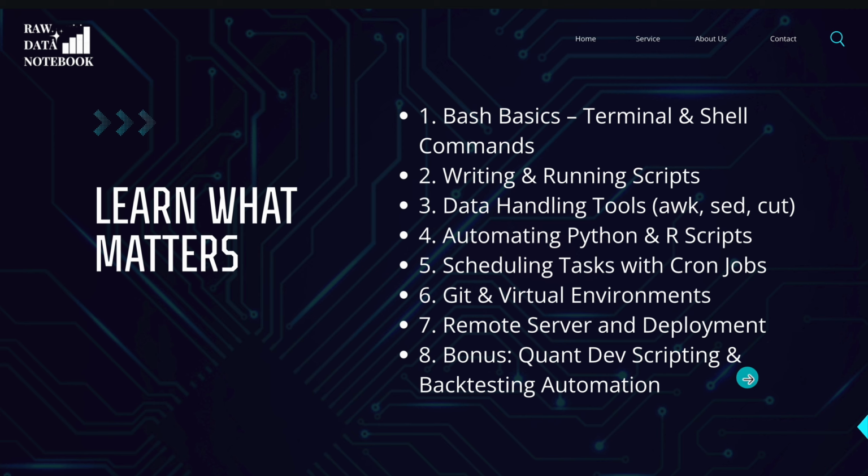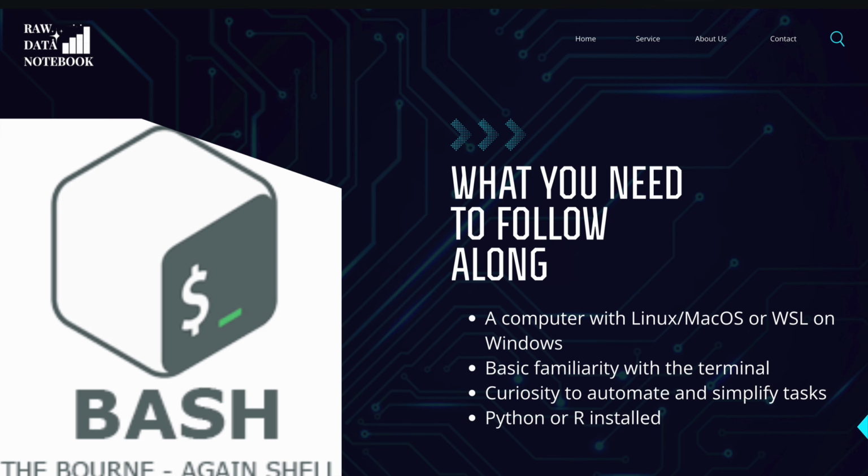And here comes a bonus learning from my side, in which we will be learning about a special segment on financial data automation and backtesting for quants. So this is all you need to learn as a data scientist or a quant developer if you want to work efficiently and smartly.